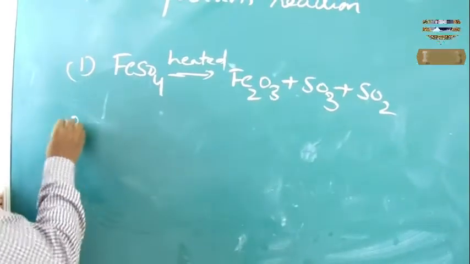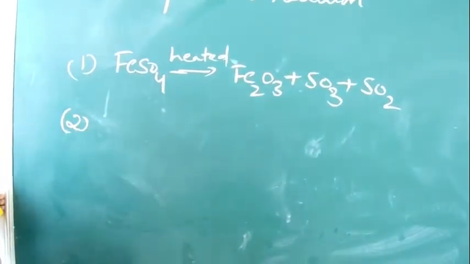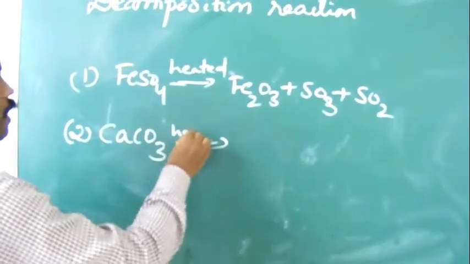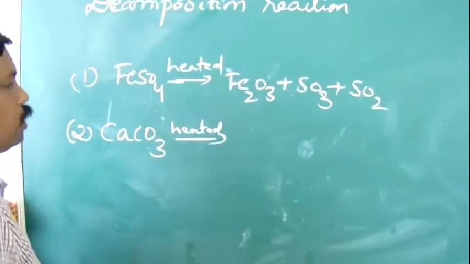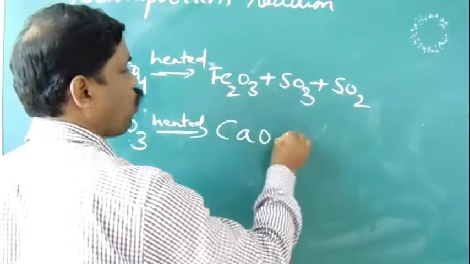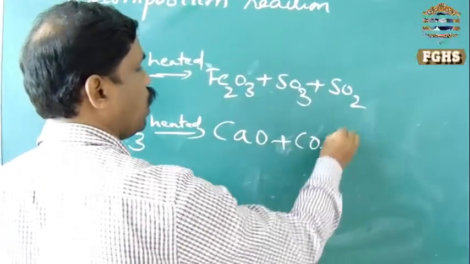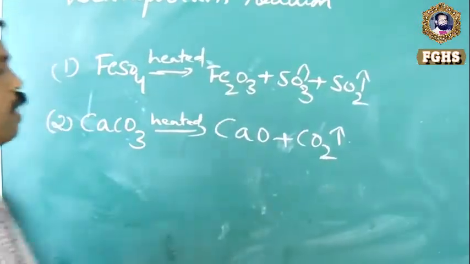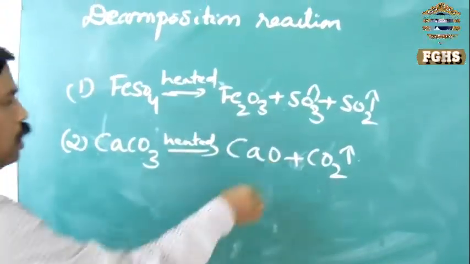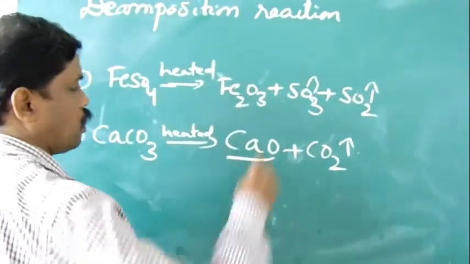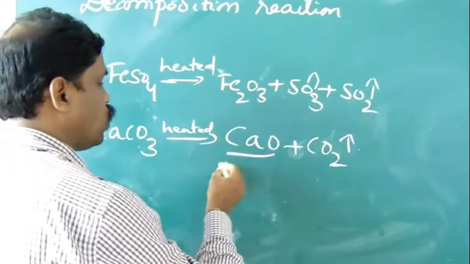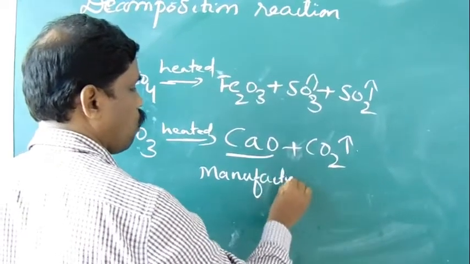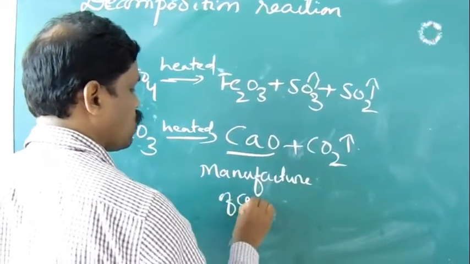Second equation, when calcium carbonate is heated, it gives calcium oxide and carbon dioxide. Here, calcium oxide is what we call quicklime. It is used in manufacture of cement.